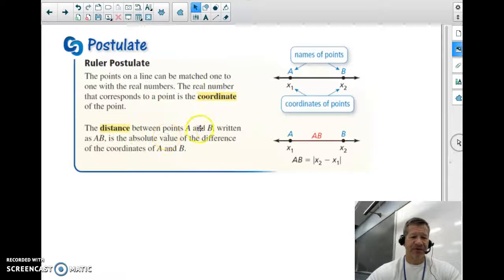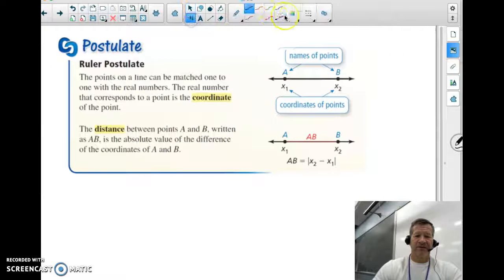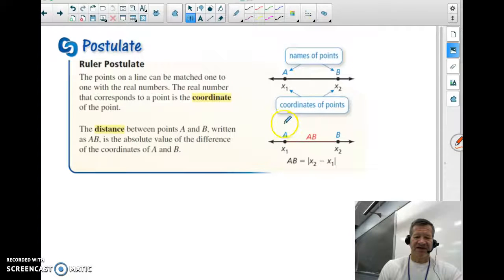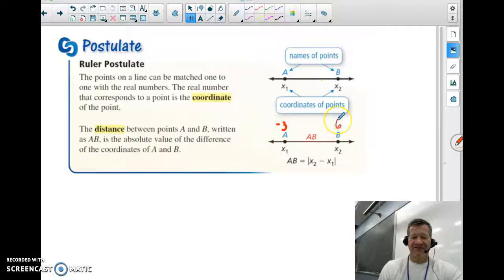The distance between points A and B, which is written as AB as you see in red, is the absolute value of the difference of the coordinates of A and B. Okay, so to put that in simpler terms, let's say that point A corresponded with a value of -3, and point B corresponded with a coordinate of 6.